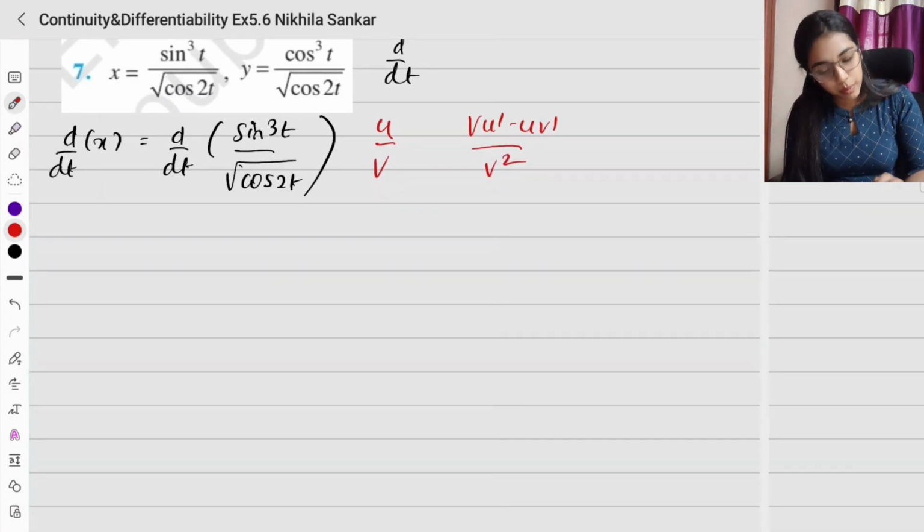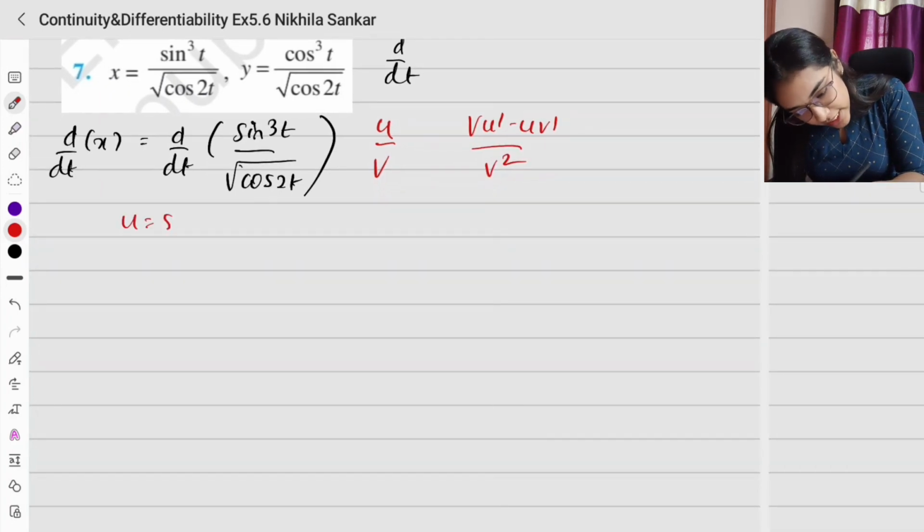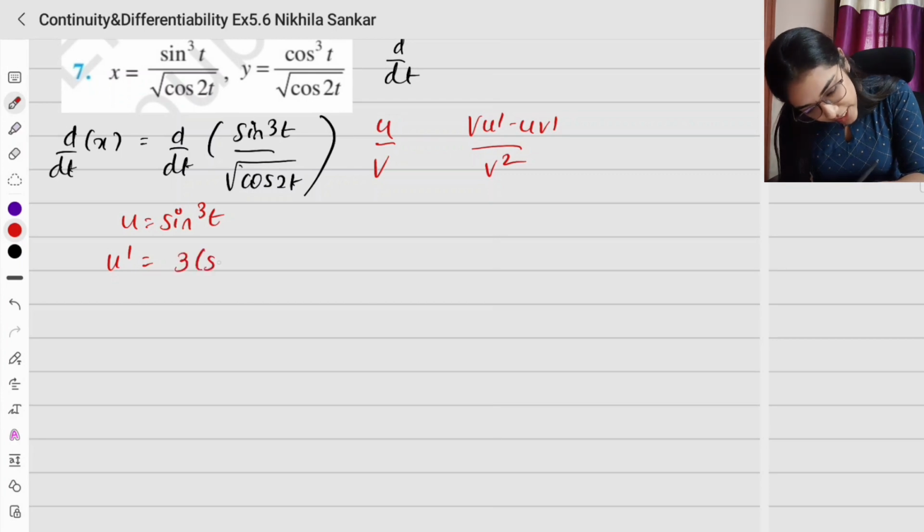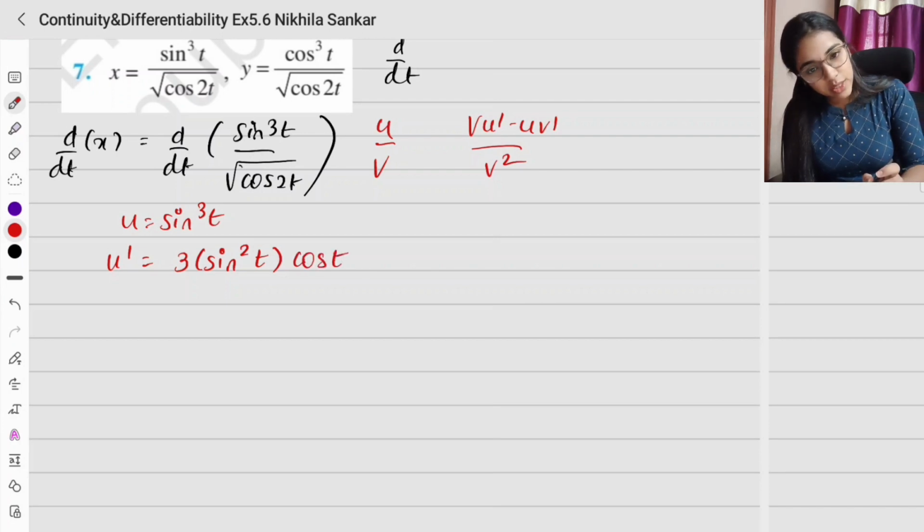We are going to apply this formula now. So my u is sin cube t, and u dash is du by dt. So for sin cube t, I have 3 sin square t times the derivative of sin t, which is cos t. Did you understand this?